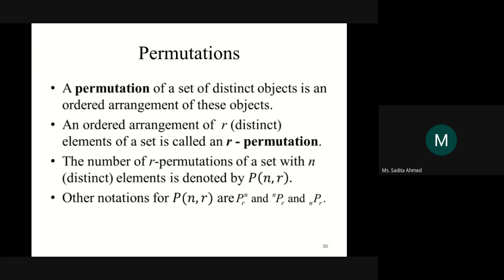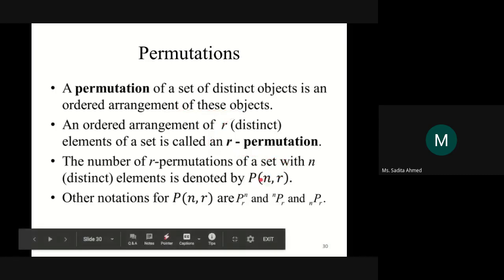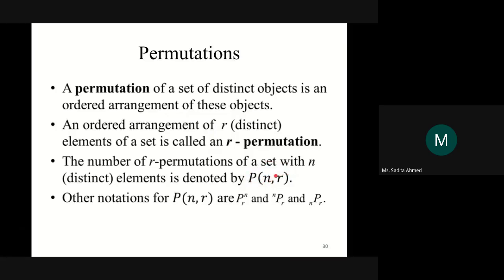So if you're trying to count the total number of permutations by selecting r elements from a choice of n distinct elements, we represent that by the term P(n, r), P and then parentheses, and inside you have n, r. So you have a set with a total number of n distinct elements, and from that you're counting r-permutations.